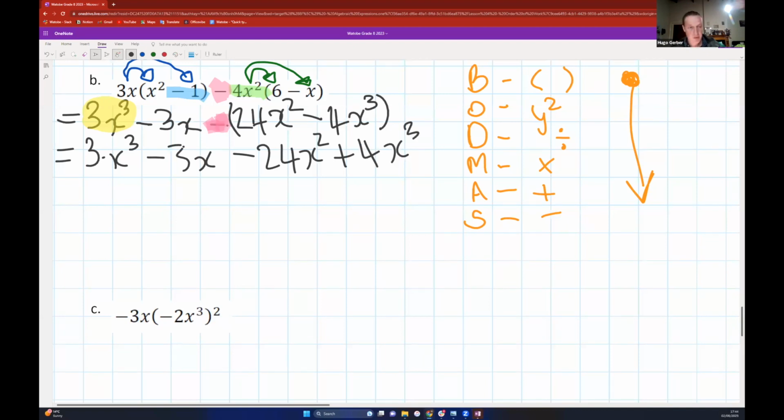Good. Now we can group the like terms together. And as I was trying to highlight, we have a cubed term and we have another cubed term. And let me take my pink.